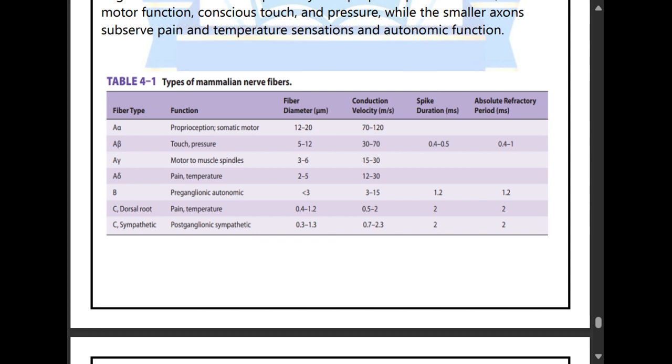This is not in my notes, but I'm just telling you that you need to know the physioclinical classification, which has to do with susceptibility of these fibers, because you have type A, B, and C. When it comes to hypoxia, type B is the most susceptible, and type C is the least susceptible.